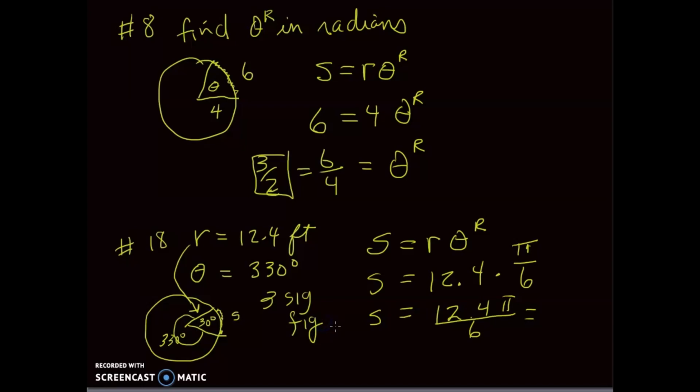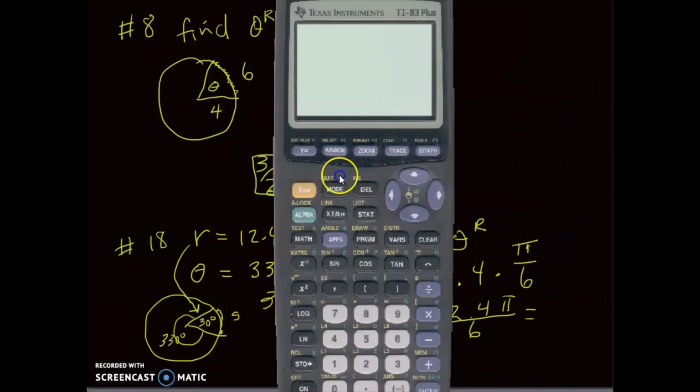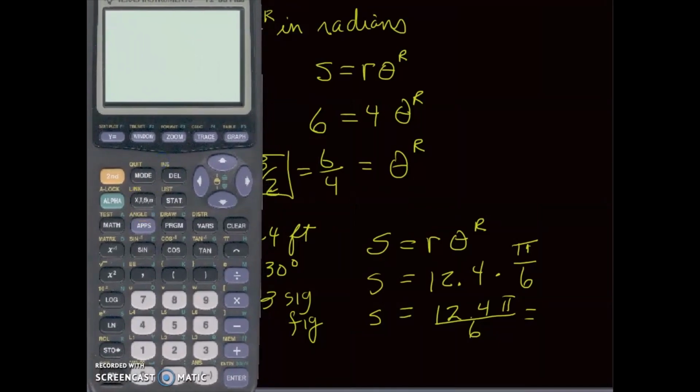So, if we pull up our calculator, I guess we'll put it over here. Turn it on. 12.4 times pi divided by 6. 3 sig figs is 6.49, right?